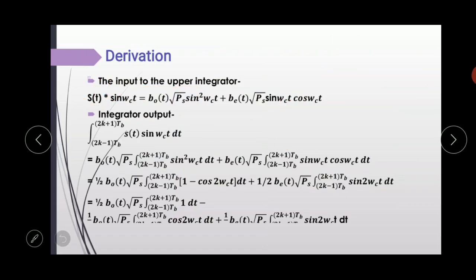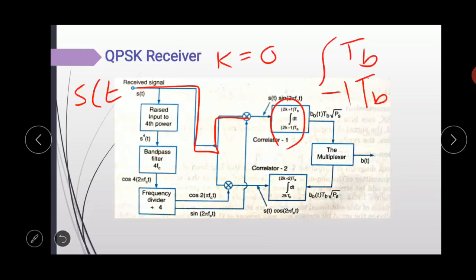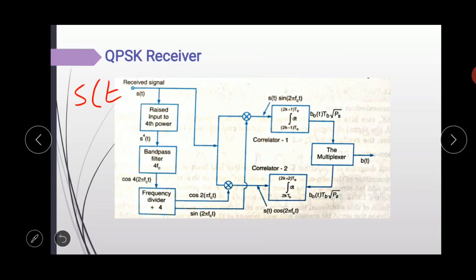First we discuss the upper integrator. The input to the upper integrator, that is S of t, is given directly to the multiplier. To this multiplier, S of t is given and sin omega ct is given.